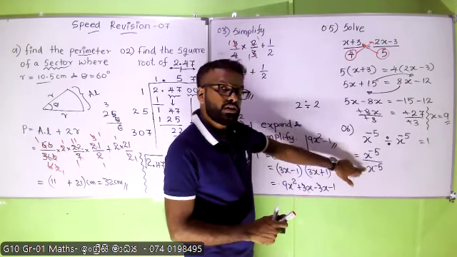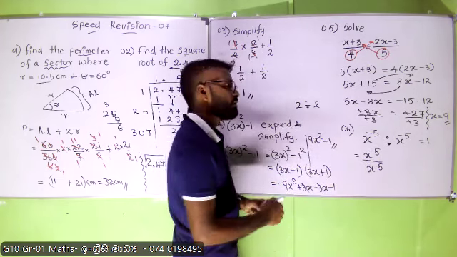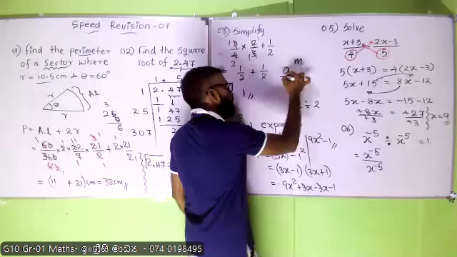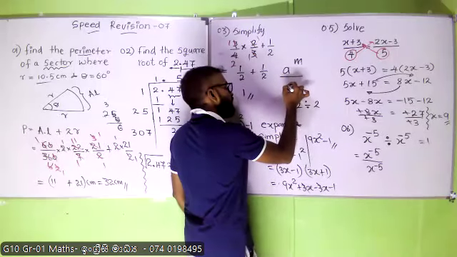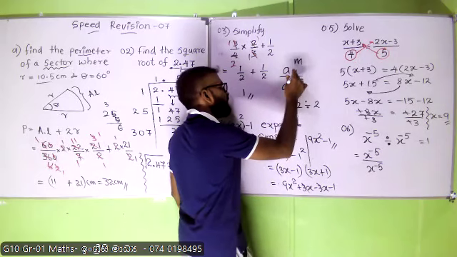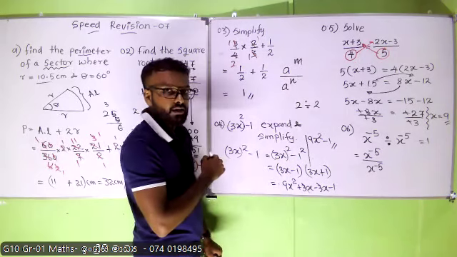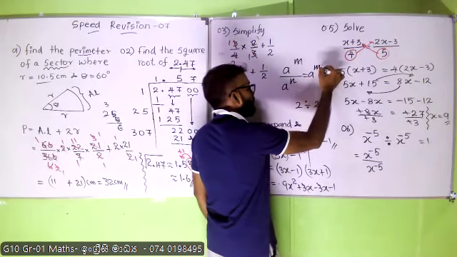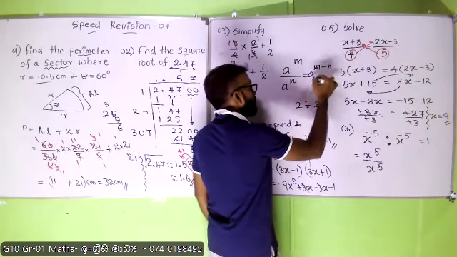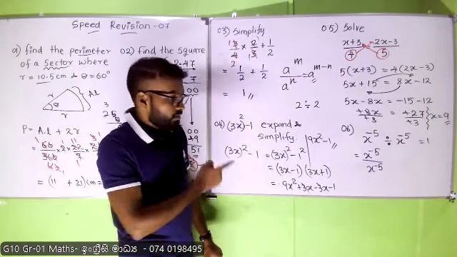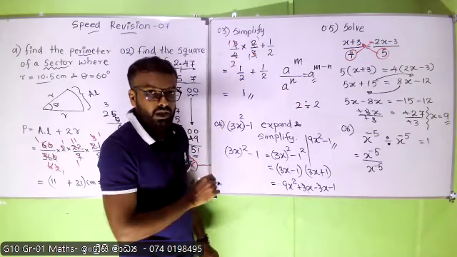The base is the same, and the indices are m and n, so you can write this as a to the power m minus n. You can write it like that as well.